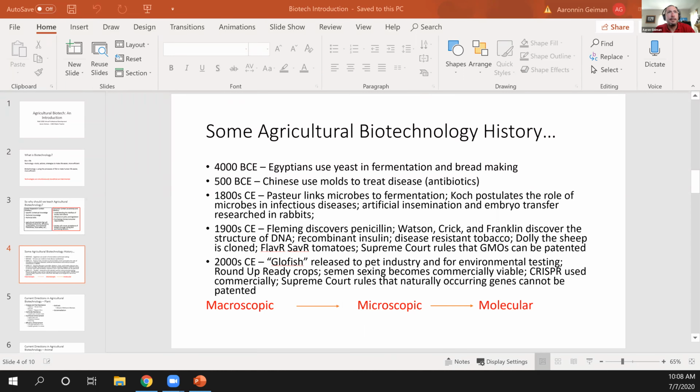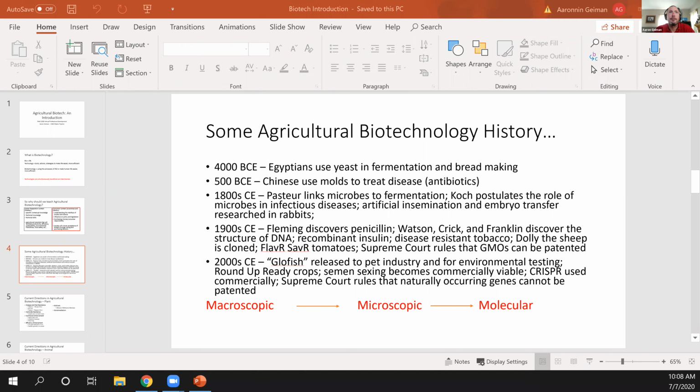Louis Pasteur in the 1800s links microbes to fermentation. Koch develops the postulates for infectious disease. And we actually start to see artificial insemination and embryo transfer occurring in rabbits in the 1800s. So now scientists are developing and using some of the methods of Locke and Descartes and everybody to start asking themselves, well, what's happening and how can we methodically find answers so that we can reproduce? 1900s, Fleming discovers penicillin.